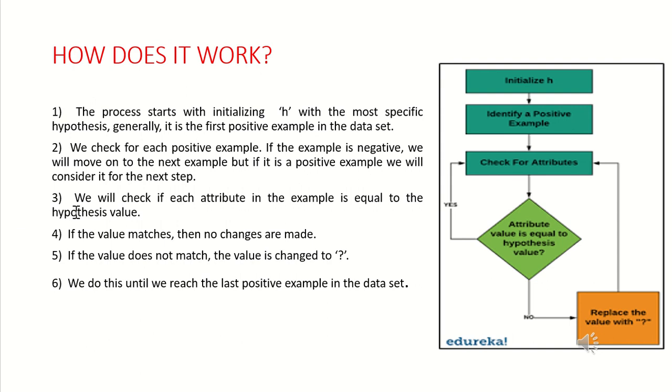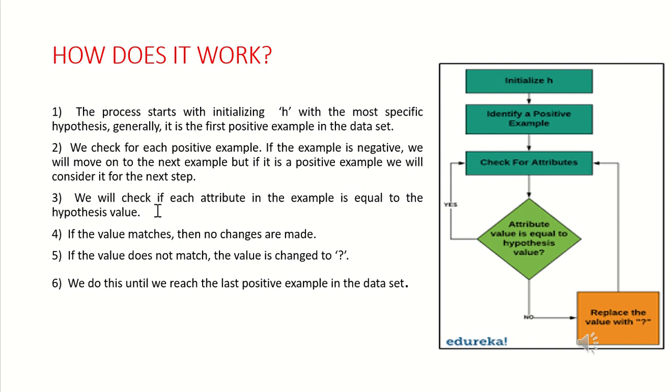In step 3, we will check if each attribute in the example is equal to the hypothesis value. We are going to check the current value and the previous value. In step 4, if the value matches, then no changes are made. If the current value and the previous value are both the same, then we are not making any changes, writing it as it is.